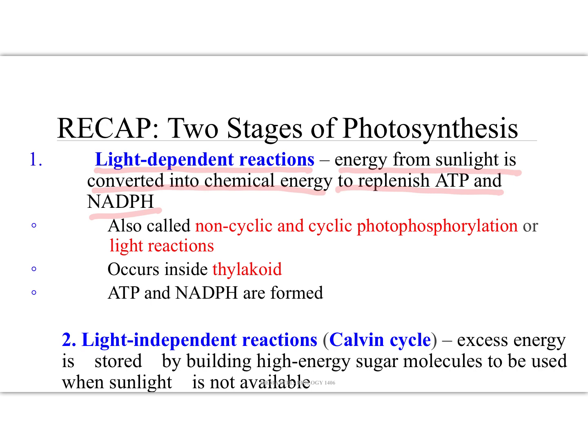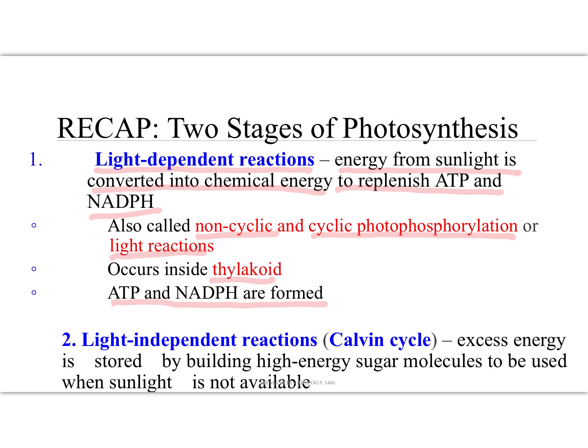Okay? This light-dependent reaction can be called non-cyclic or cyclic photophosphorylation. Remember, photophosphorylation is the actual steps involved in making the ATP. Some people also just refer to them as the light reactions. These reactions occur in the thylakoid membrane, and their main products are ATP and NADPH.